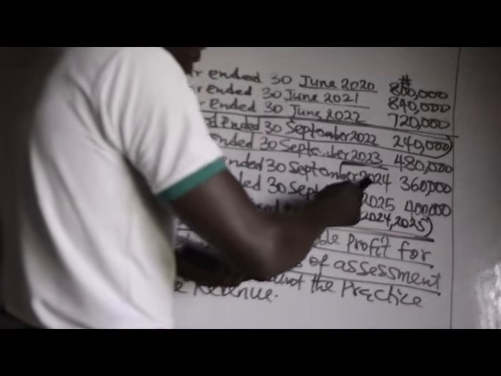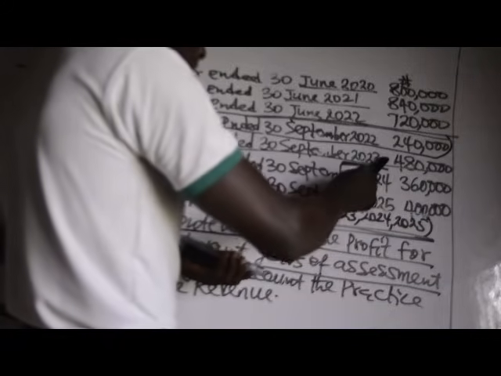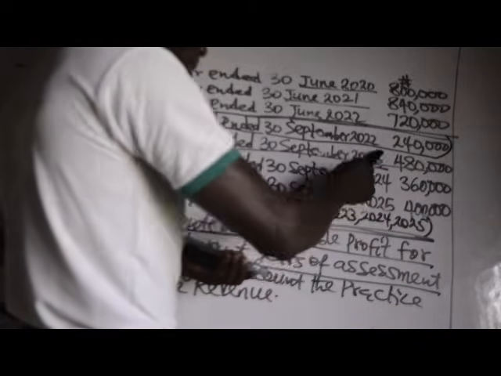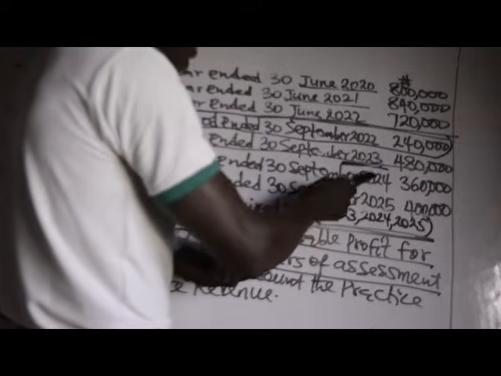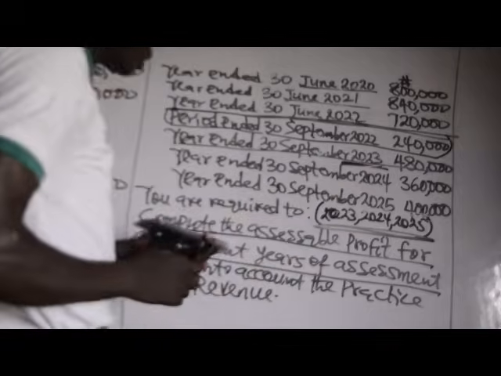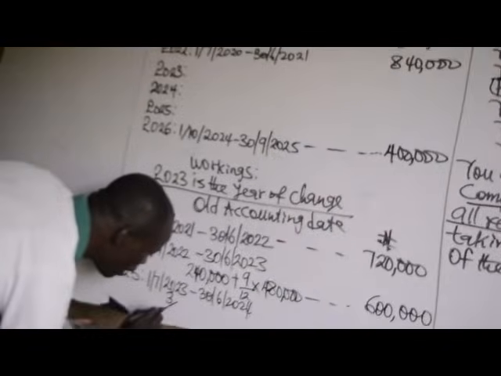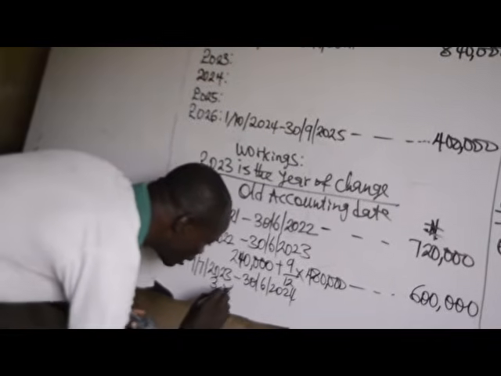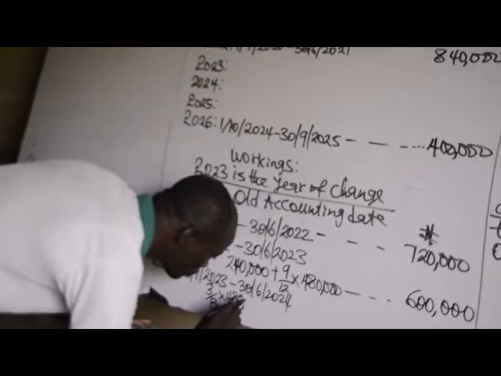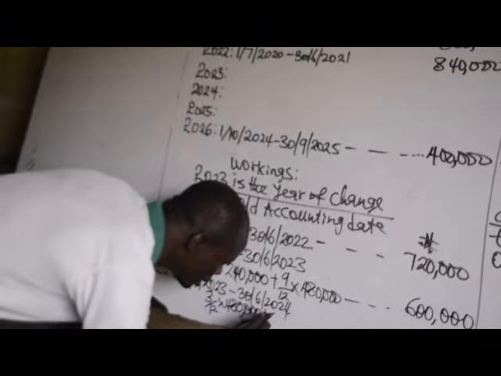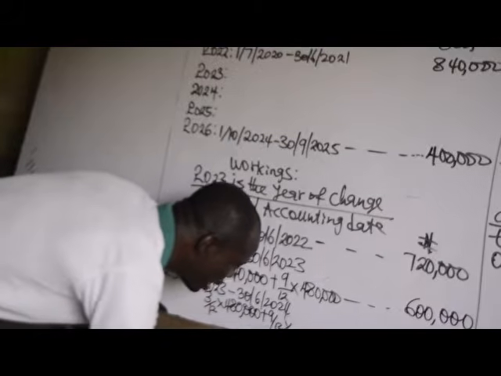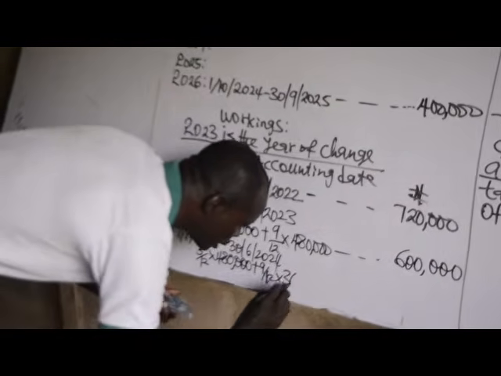You will need 9 months from this. So 3 months plus 9 months will give you 12 months. So we have 3 months from 12 months, and the profit of that 12 months is 480,000, plus 9 months out of 12 months, and the profit of the second 12 months is 360,000.